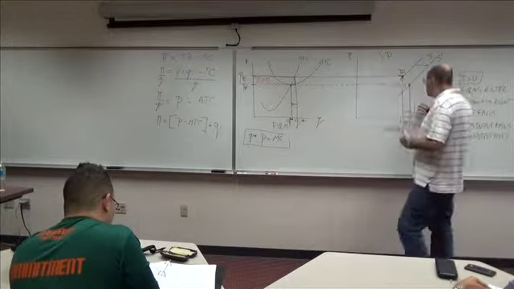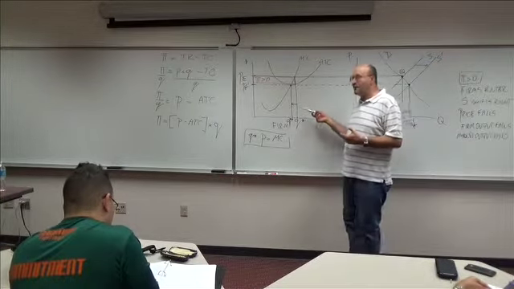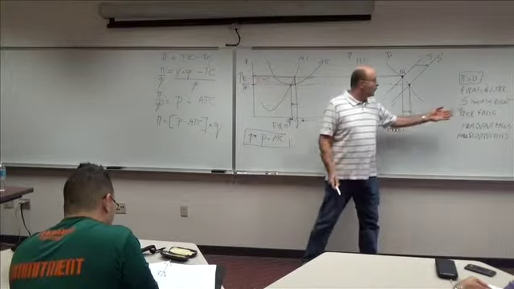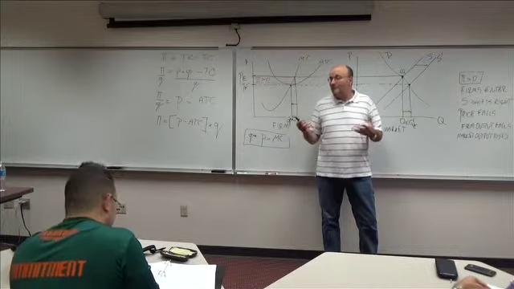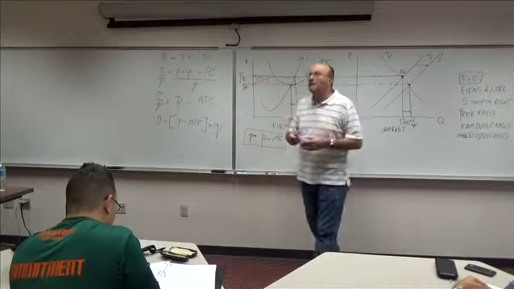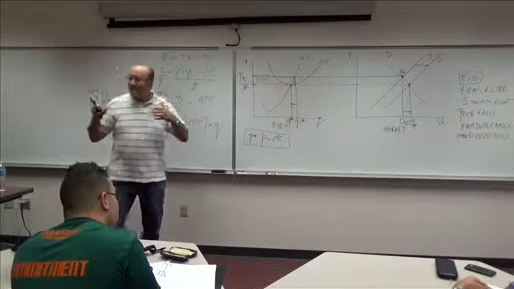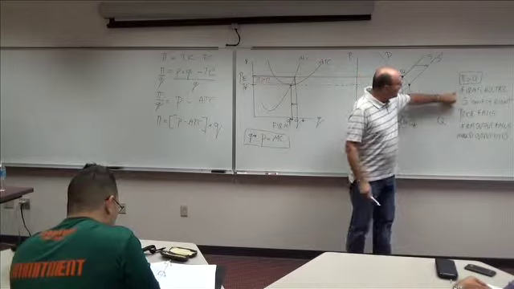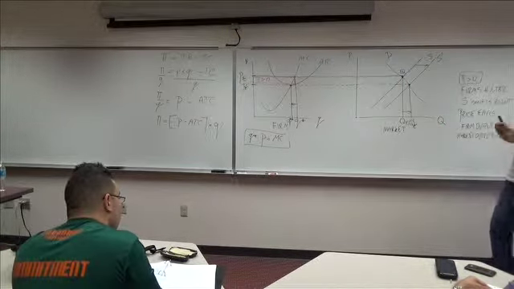The market as a whole ends up producing more. By the way, how is it possible that when every firm produces less, the market produces more? More foreign firms. Because there are more firms. I don't know if foreign, but more firms, right? They don't have to be foreign. You didn't say foreign. I'm just putting words in your mouth. It happens all the time. You have to scream at me, I can't hear you. So, very good. Because there are more firms, that's how the market ends up producing more stuff, okay?